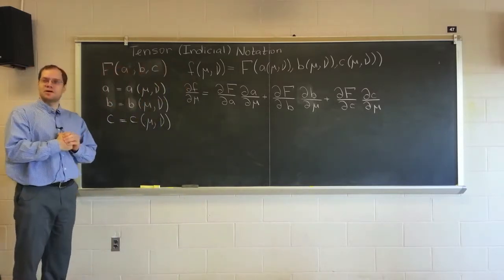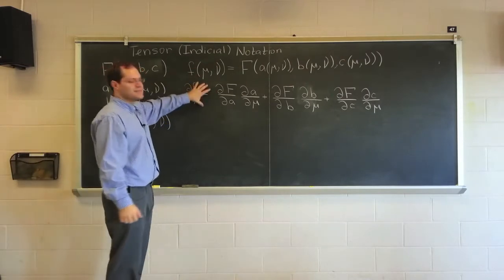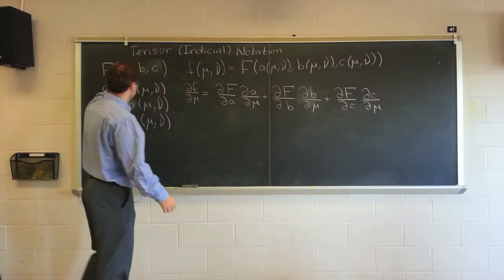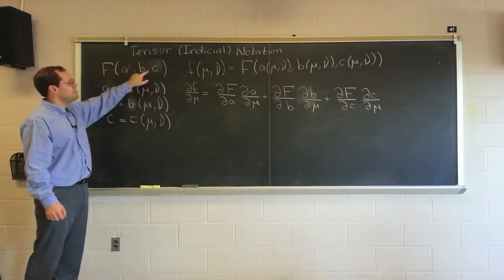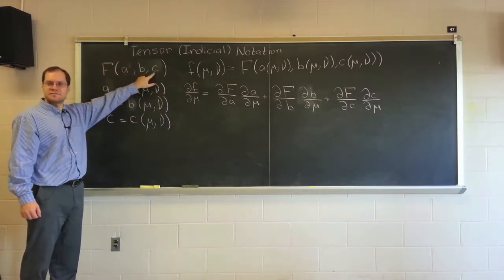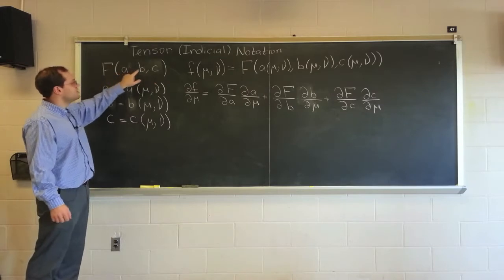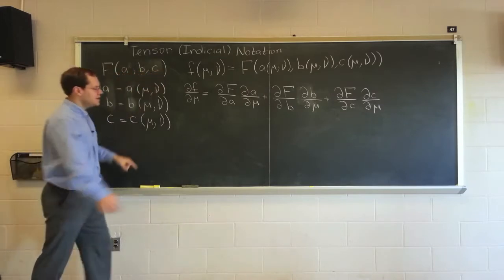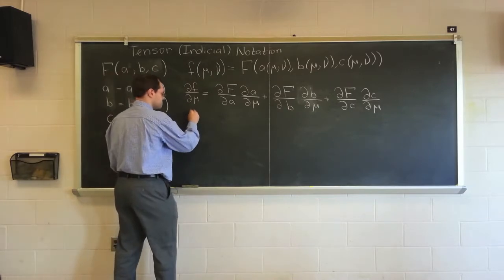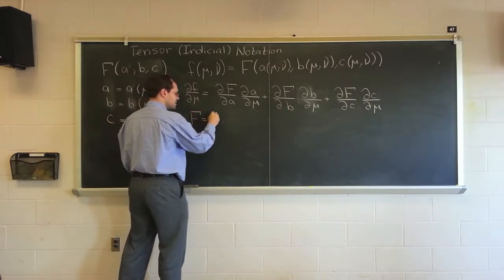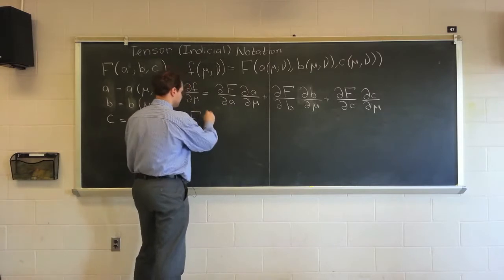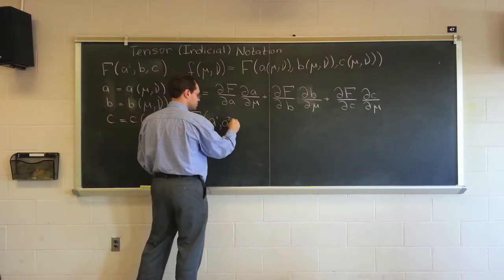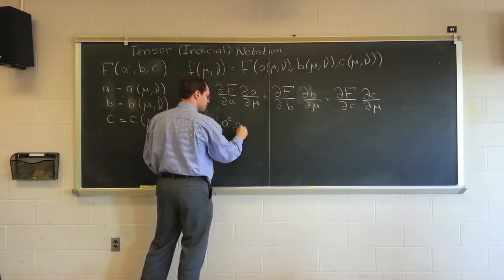So step number one towards converting this to tensor notation is to rename these variables, instead of A, B, and C, to rename them A1, A2, A3. And now f can be written as a function of A1, A2, A3.